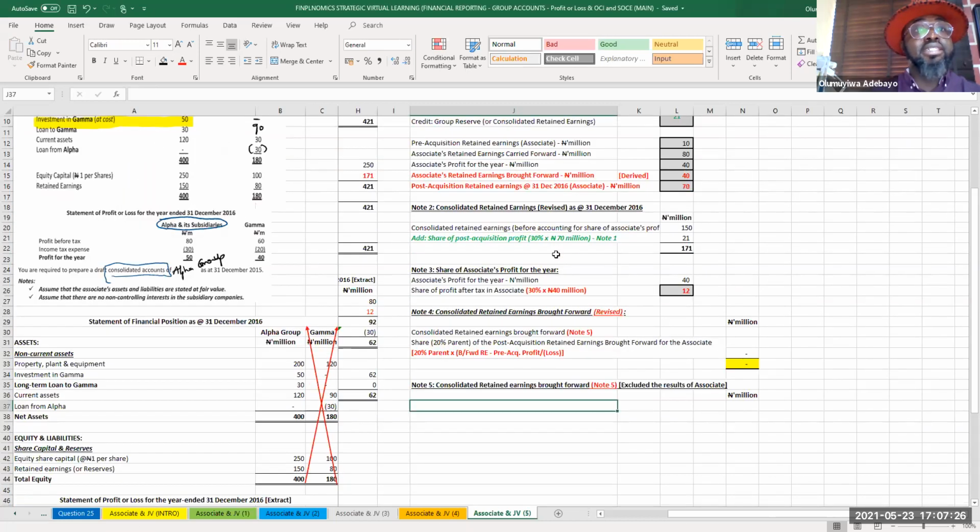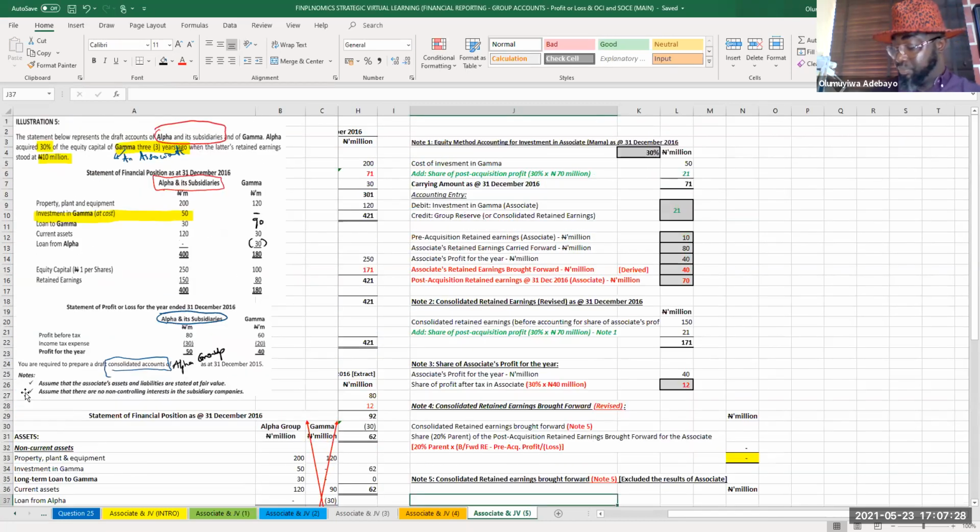Now remember the relationship we did here. Let me circle it. What we did here with respect to the associates, that's opening retained earnings brought forward, derived at this point.